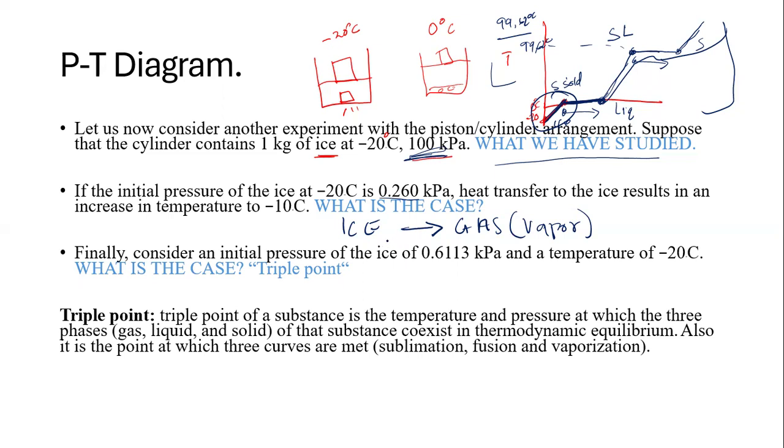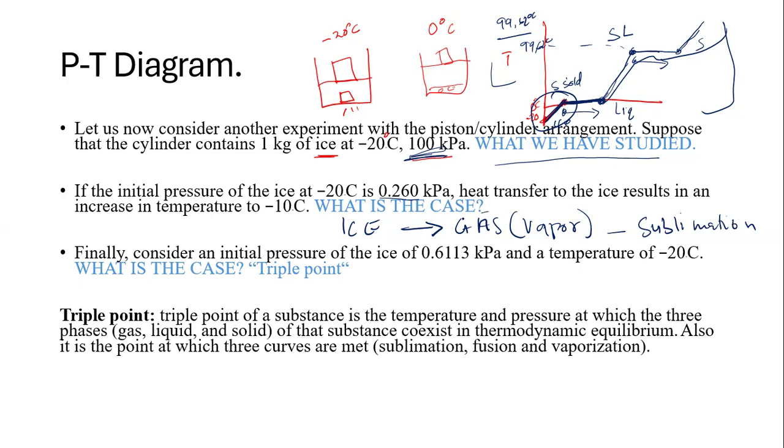It is the stage of ice moving to liquid. So in this case, ice will straightly move to the gas or to the vapor. So this process of ice moving to gas is called sublimation.